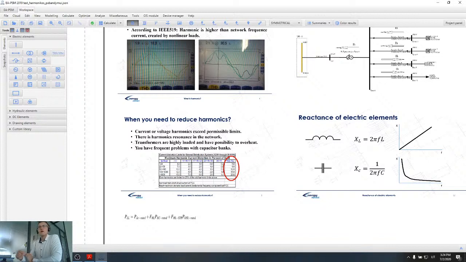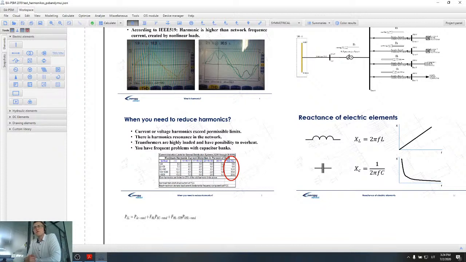Then we have a question from Mr. Bruno, and the question is, does your software have capability to represent both Norton and Thevenin equivalent harmonic sources? So basically in our software, according to IEEE 519, harmonic sources are represented as current sources, as I have mentioned in the beginning.